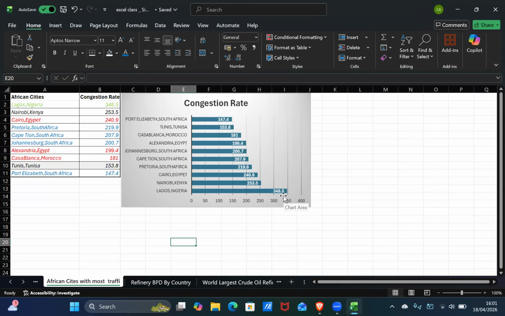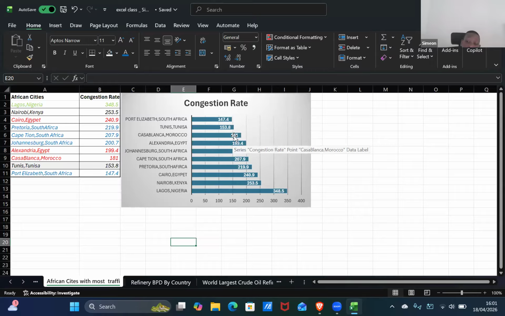Or maybe the government, so they can build ways, so the congestion rate will be lower than usual, and it will be easier for people to get to the place they want to be.